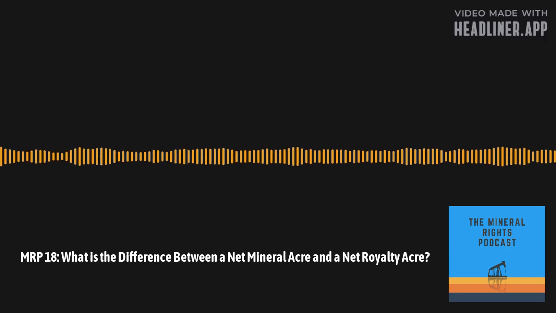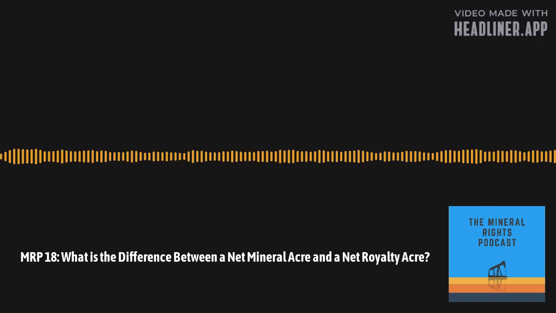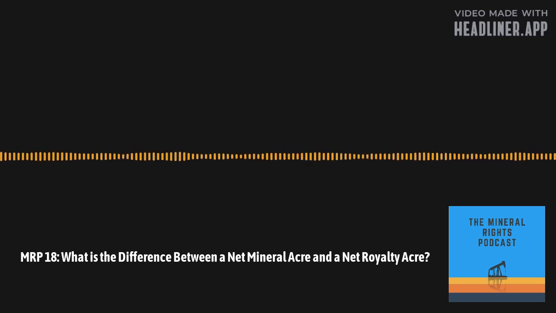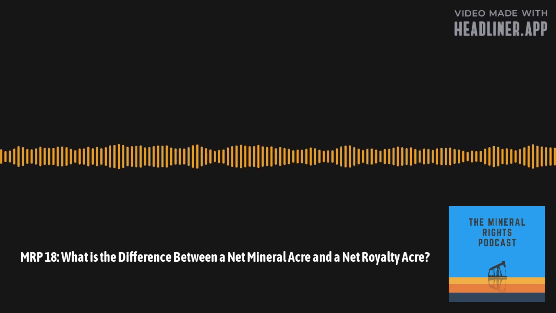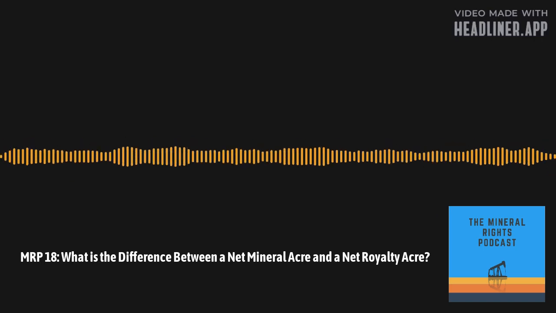To figure out the number of net royalty acres, you just multiply that 1/8 royalty times 8, and again we have 1 for the number of net mineral acres. So you get 1, and then you multiply that by the dollars per net mineral acre, in this case 5,000. So 5,000 times 1 is 5,000. Their offer would be equivalent to $5,000 per net royalty acre.